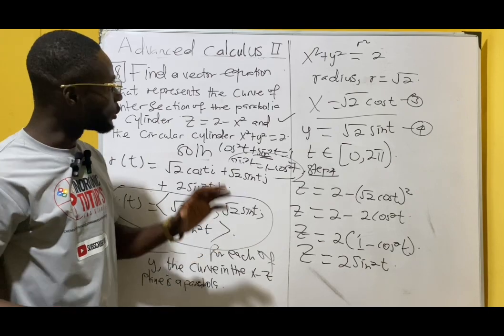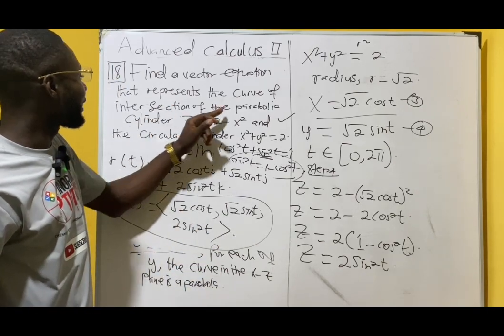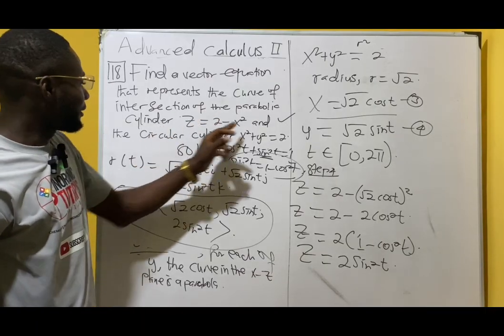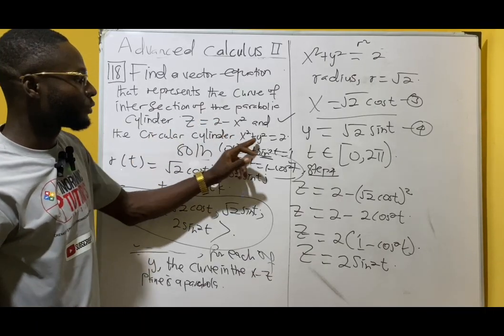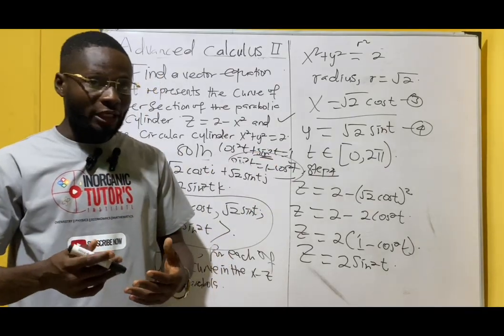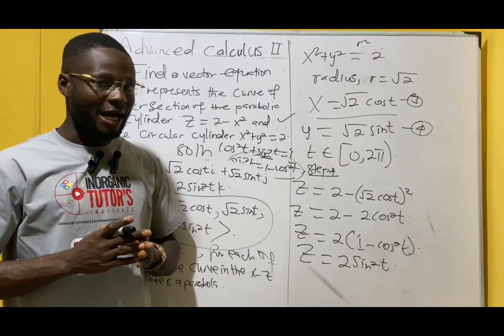That is the process we go through to find a vector equation that represents the curve of intersection of the parabolic cylinder and the circular cylinder x squared plus y squared equals 2. Go through the process, go over it, and you'll get the whole idea.